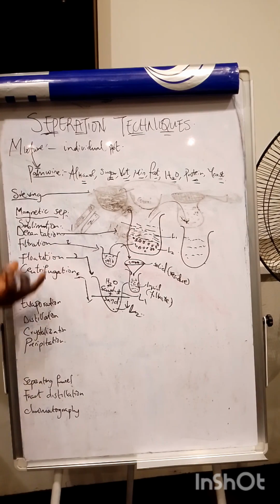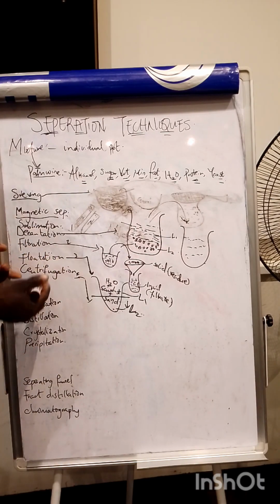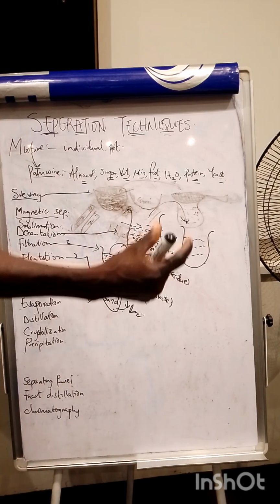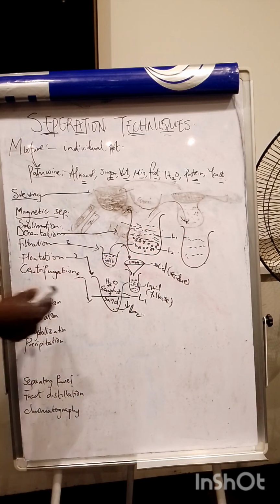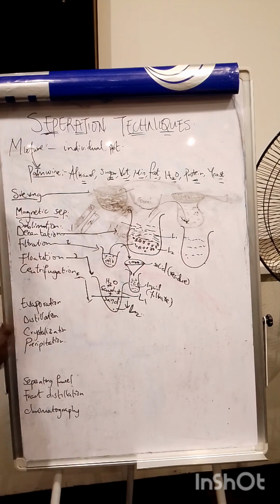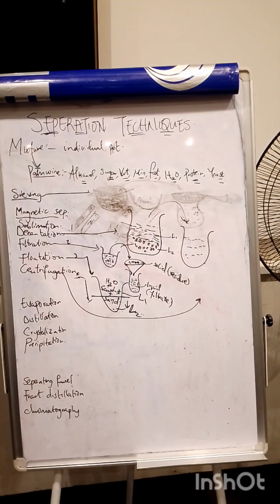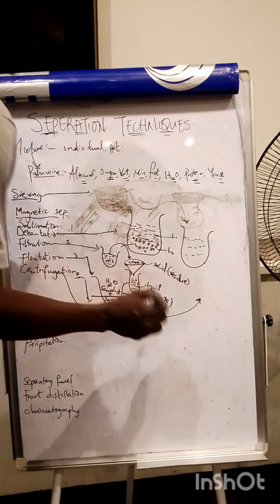Now centrifugation makes use of a centrifuge to spin test tubes. Let's try to explain, let's make use of this place. All right, so you are having a centrifuge.